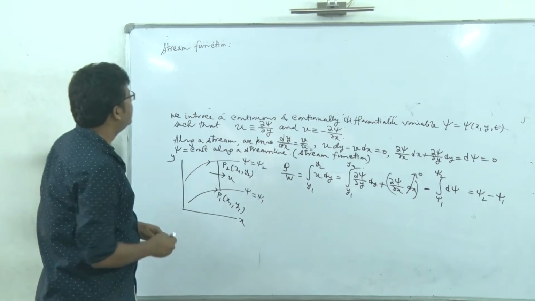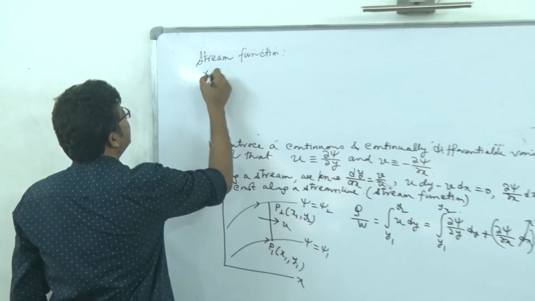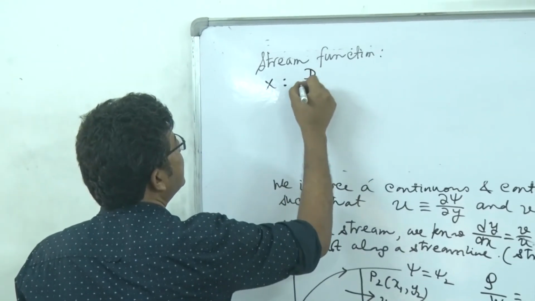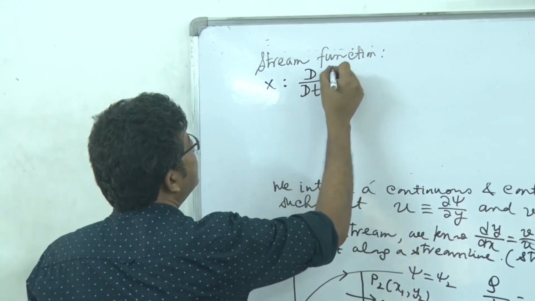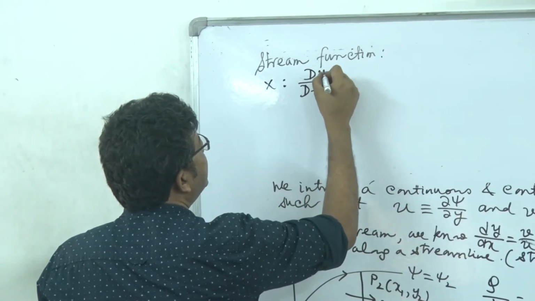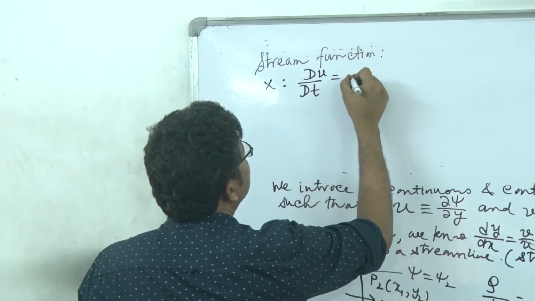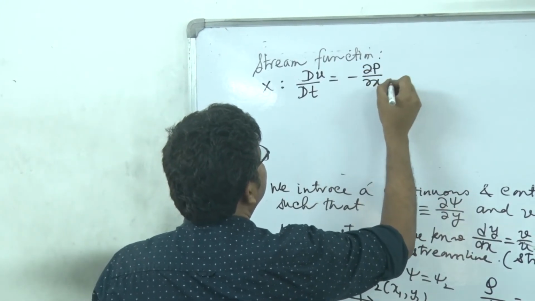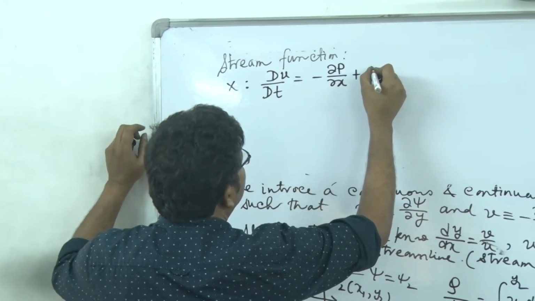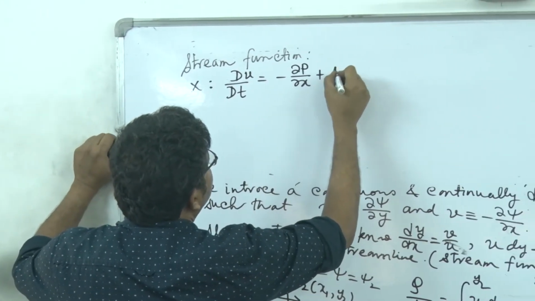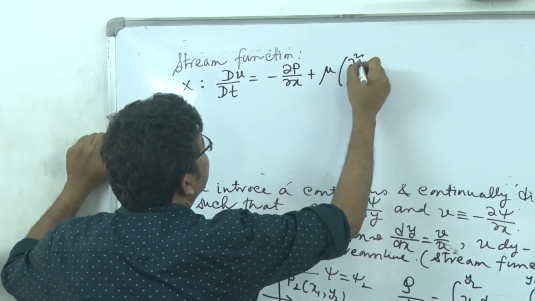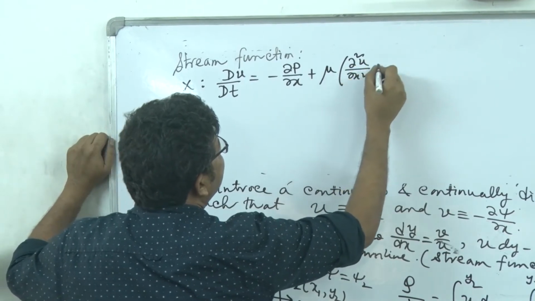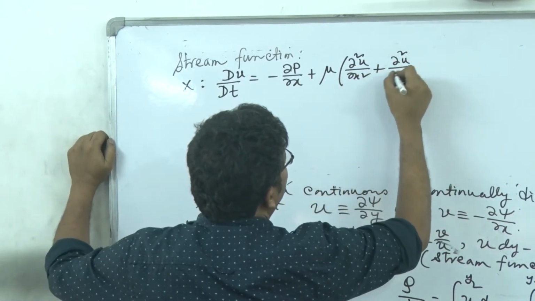Right? Now you see this x directional Navier-Stokes equation is ∂u/∂t equals minus ∂p/∂x plus μ into (∂²u/∂x² plus ∂²u/∂y²).